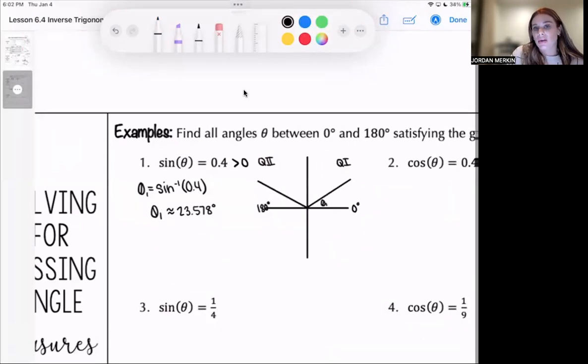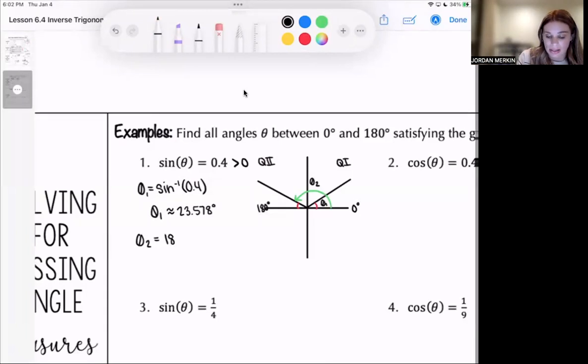And so we need to figure out what theta 2 would be. Well, there's actually an easy way to do that. Because these are congruent angles, and you actually want to find this angle for theta 2, you can actually just take 180 degrees and subtract away theta 1.